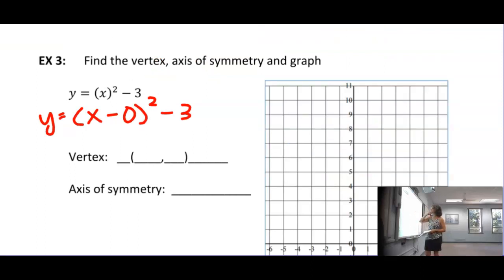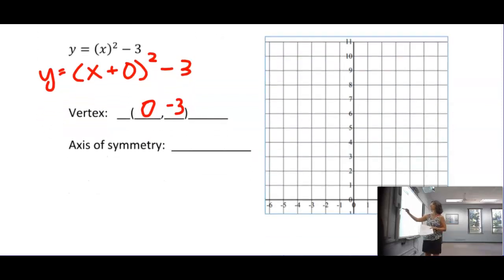Because what's really in here is either x minus 0 squared or x plus 0 squared, doesn't matter. But there is definitely no number in there. So then what's my vertex going to be? What's the opposite of 0? It doesn't have an opposite, so it's 0. Same as my y, so it's -3. Okay. What's my axis of symmetry going to be?